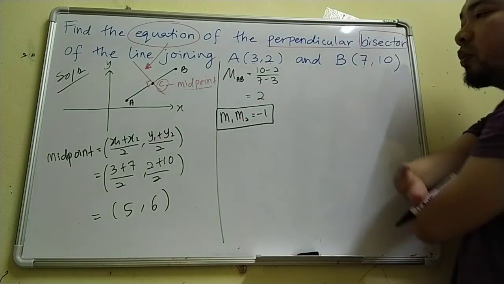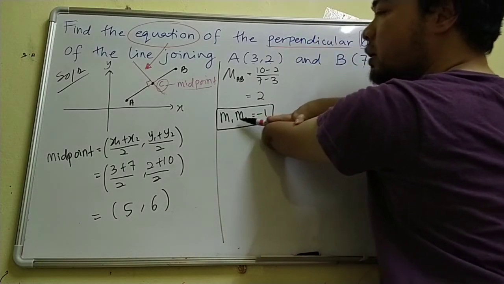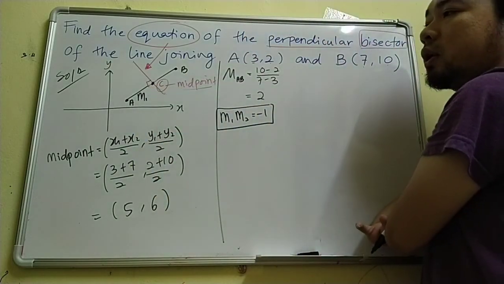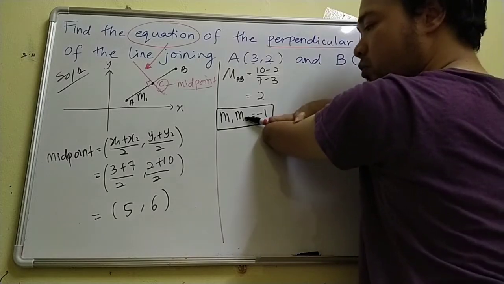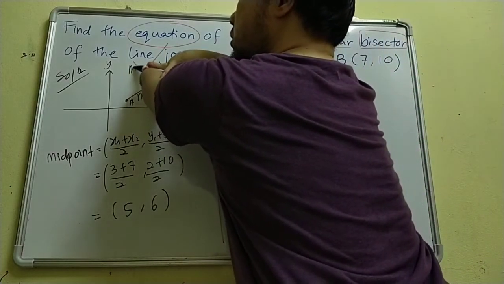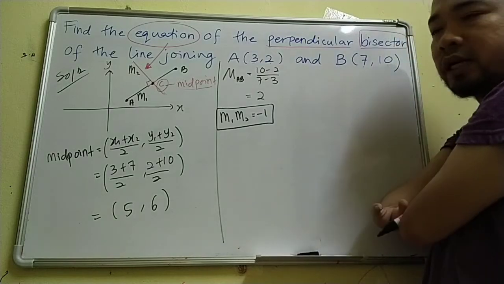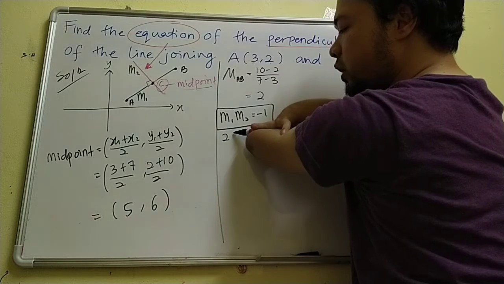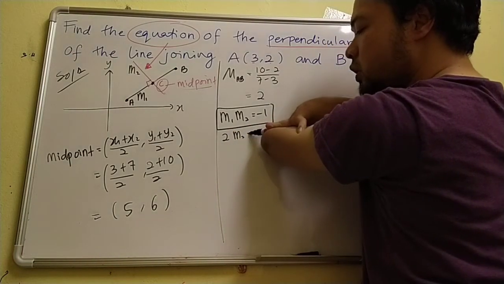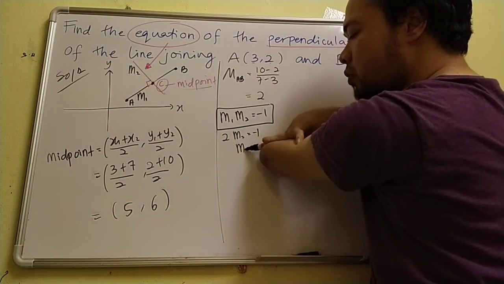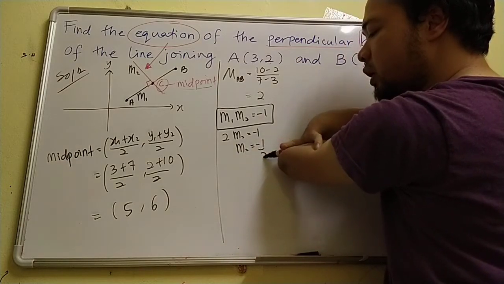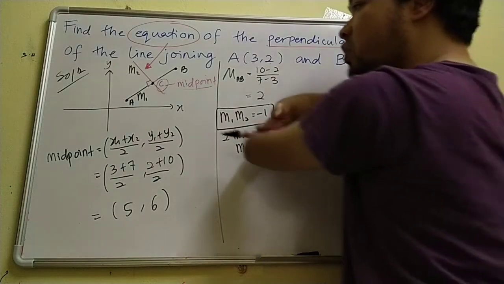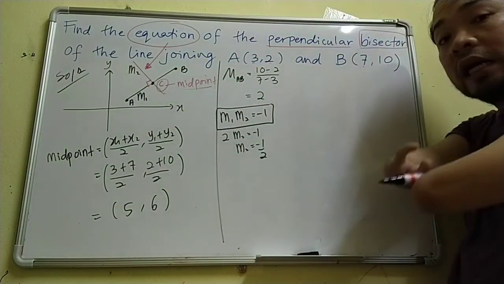What does m1 mean? m1 is the gradient for the line AB. m2 is the gradient for the line perpendicular to AB. So we put 2 inside here: 2 multiplied by m2 is equal to -1. So m2 is equal to negative half. This is the gradient for the red line.